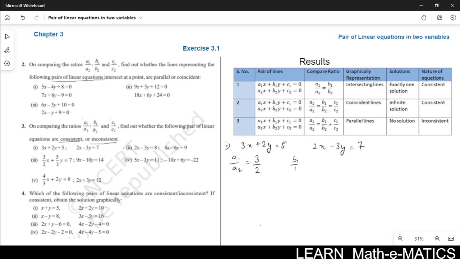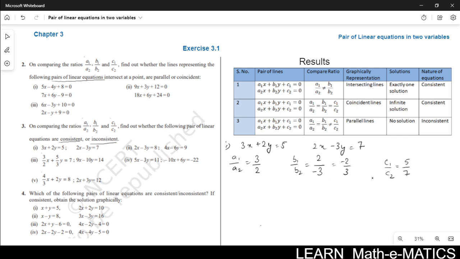Now next find b1 upon b2, that means the coefficient of y in the first equation and the coefficient of y in the second equation. Never ignore the minus, so it will be minus 2/3. Next is c1 upon c2, that means the ratio of constant terms, that is 5/7.